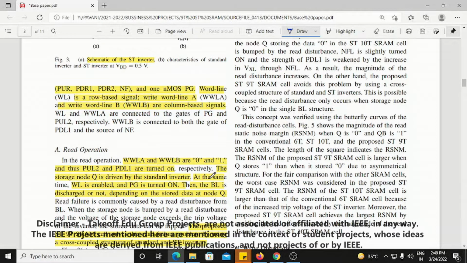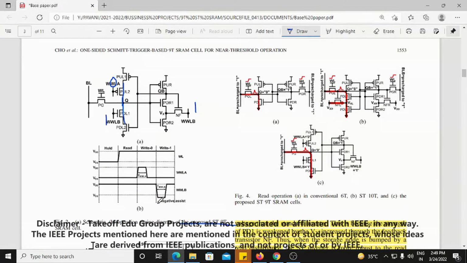At the same time, the storage node Q is driven by the standard inverter. At the same time WL is enabled and PG is turned on. That means here we are giving WL as 1, which means this PG transistor is also turned on, and whatever the BL is comes to the Q. That means the read operation is verified.